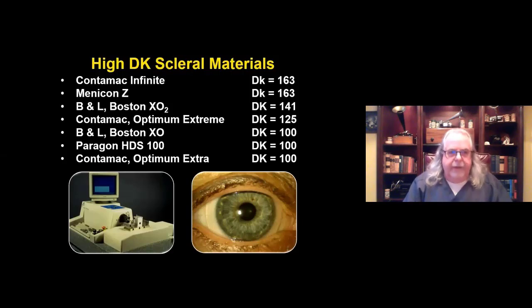You could see the new Contamac Infinite has just been released a few months ago. It has a Dk similar to the Menicon Z. But as you can see, these lens materials all have Dks of 100 or in excess of 100.